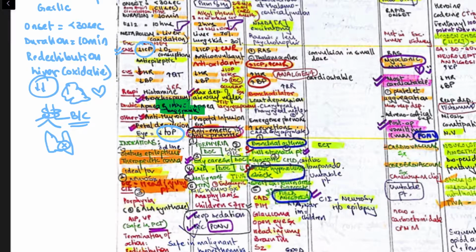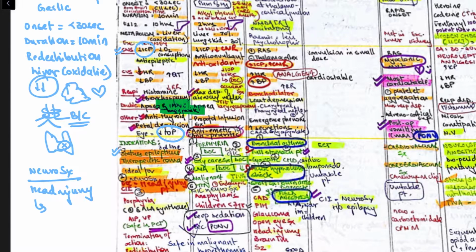The next very important thing you need to know are the indications, right? It is used in status epilepticus. We all know because it is an anti-epileptic, and it is also helpful for providing therapeutic coma, right? Then it is ideal for neurosurgery. It is used in head injury patients, right? Why?